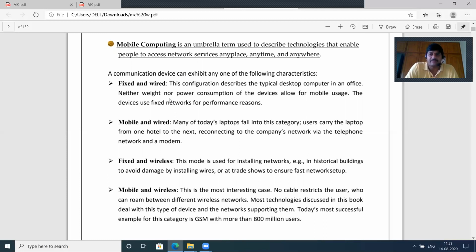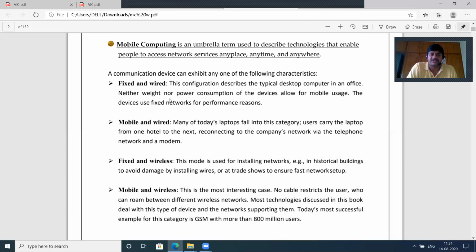The best example for the fixed and wired characteristic is our desktop system. Our desktop system is fixed at one place and it is wired. These devices use fixed networks for performance reasons. The best example for the fixed and wired characteristic is the desktop communication device.